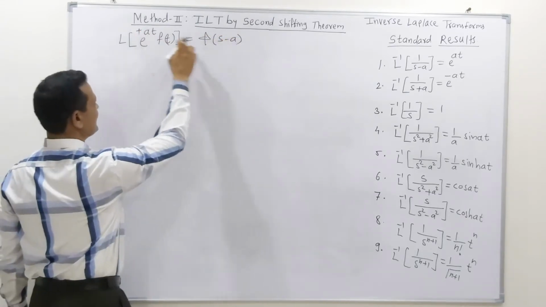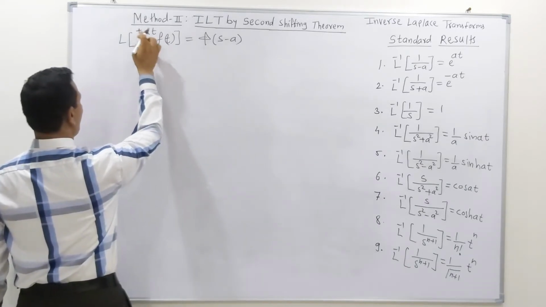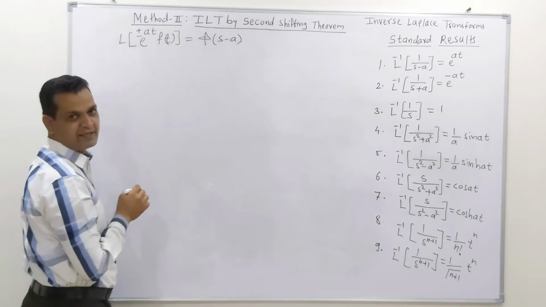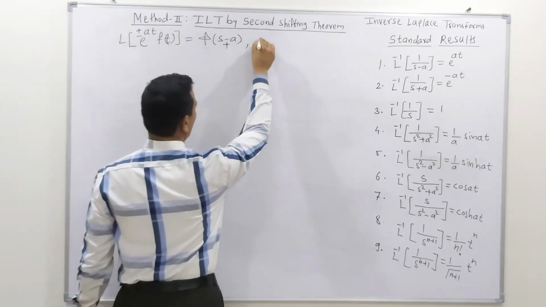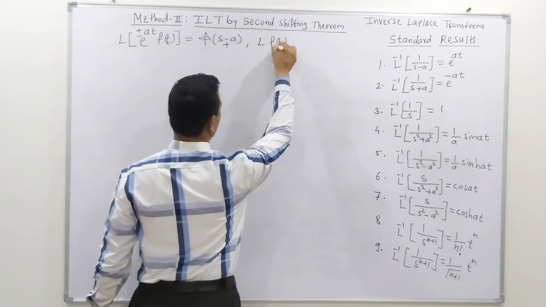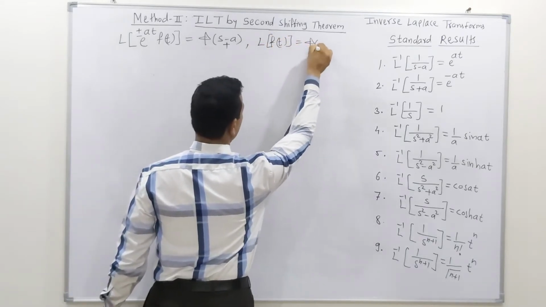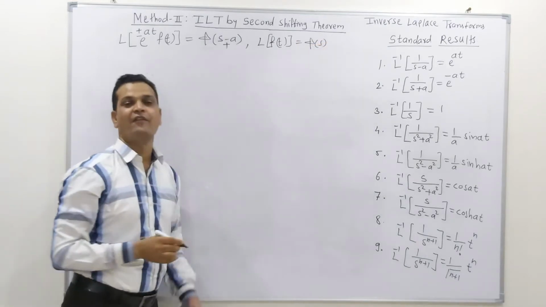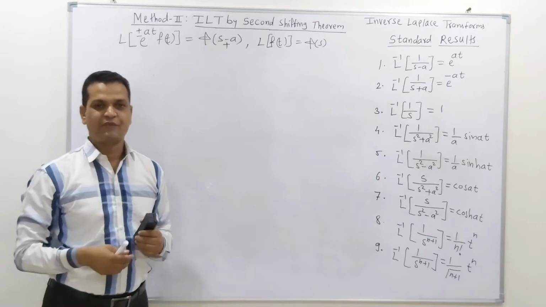Whenever plus is there, this sign is minus. And if it is minus, then we get the sign plus, where the Laplace transformation of f of t is the value called phi of s. So this is called the second shifting theorem.